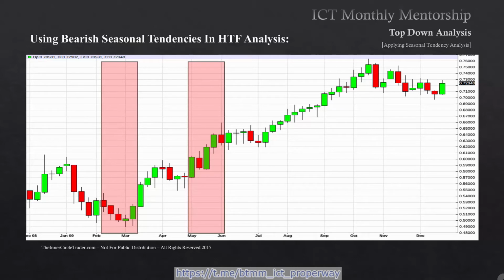But in contrast, keeping in mind how we're using these bear seasonal tendencies, the one that dropped down in February into March leads us into the March-April bullish scenario. And it was a very strong buying opportunity there. And then we had the month of June, July, we had a consolidation, and July sent us higher, going into the late fall, October highs. September and October had just a continuation.